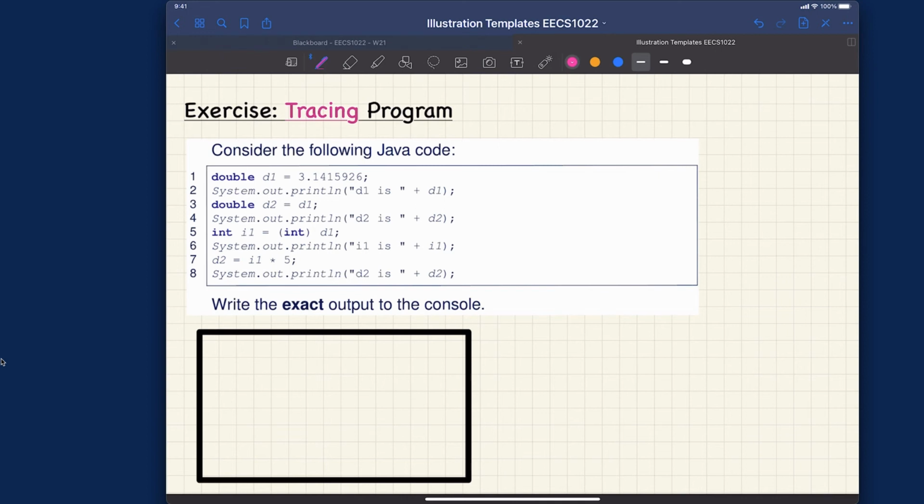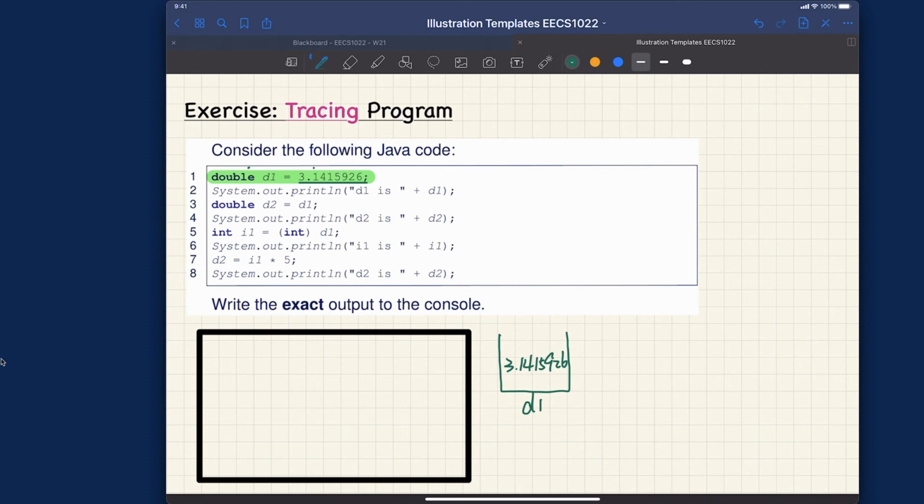Let's see the first one. The first variable we have is D1 of type double. Let's visualize it. Over here we've got D1 of type double, and it has this value initially, right? There's no coercion, because you're simply storing a floating point into a double. 3.14.